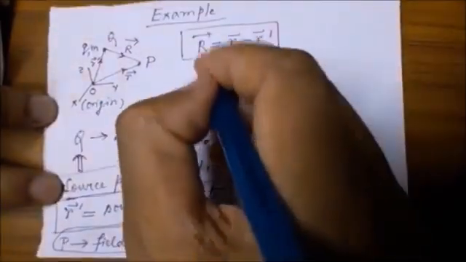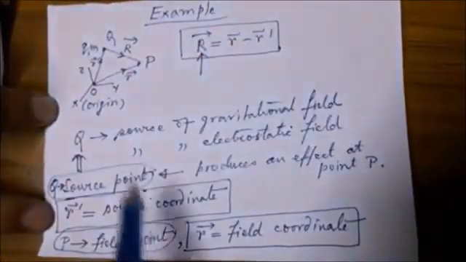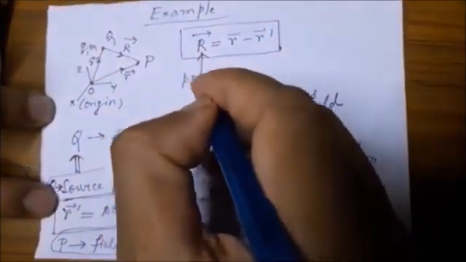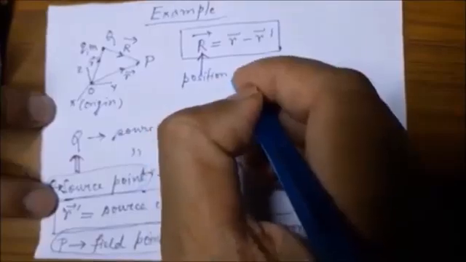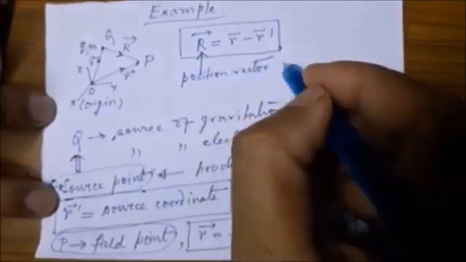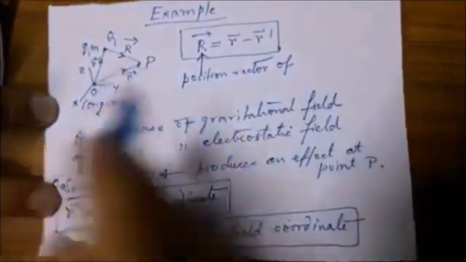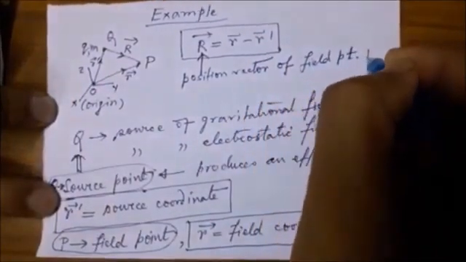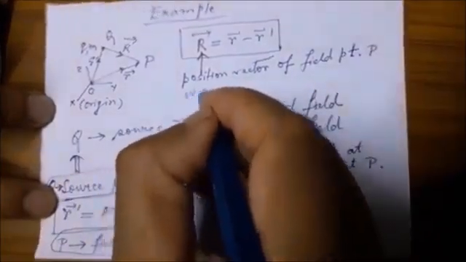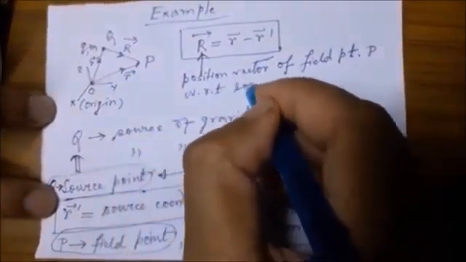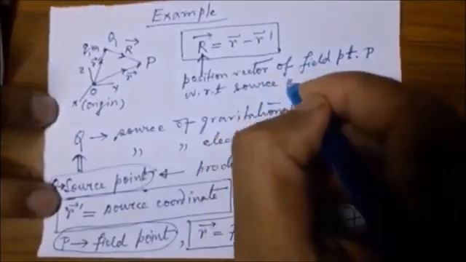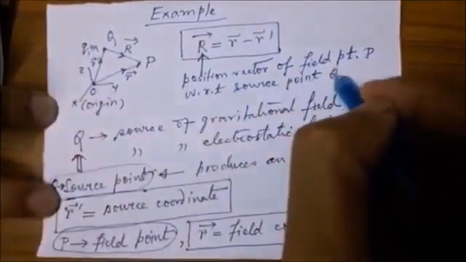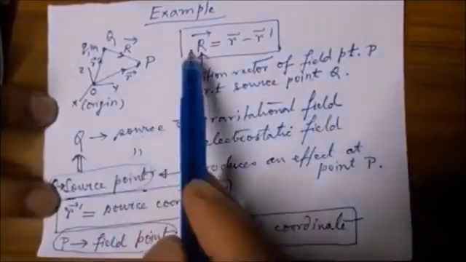The significance of vector R is therefore, it is the position vector of field point P with respect to source point. Source point is Q. So this is the significance of this vector R.